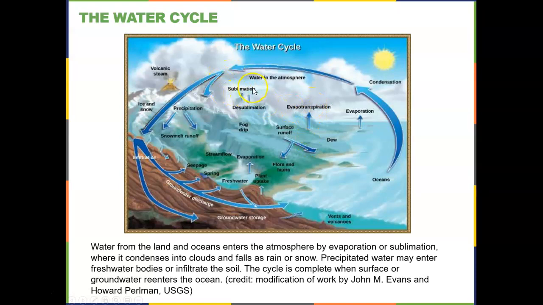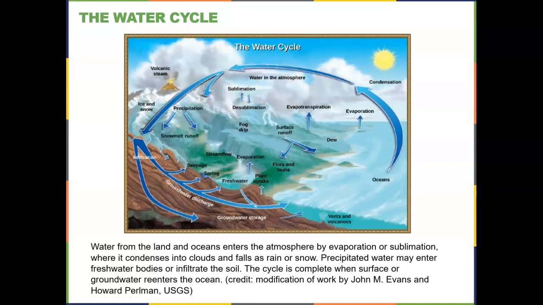We have a term like sublimation, which is a direct conversion from something like snow into gaseous water vapor. And these arrows are all going in the up direction because we're talking about converting H2O from the liquid or the solid form into the gaseous form. So anything that we see in that direction is causing water to go up into the gaseous form.